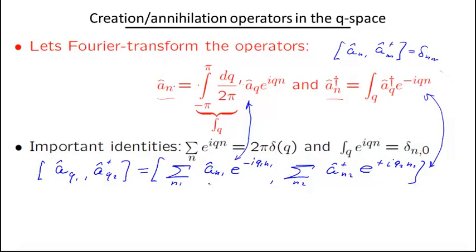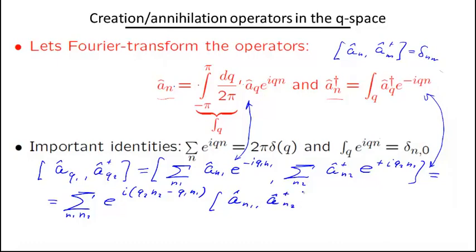So now the commutator only cares about the operator, and this is a linear operation, so we can factor out in some sense the sum, and we can factor out these exponentials, and write this commutation relation as so. It's going to be a sum over n1 and n2 of e to the power i (q2 n2 minus q1 n1). And here I'm going to have the commutator of A sub n1, A dagger sub n2.